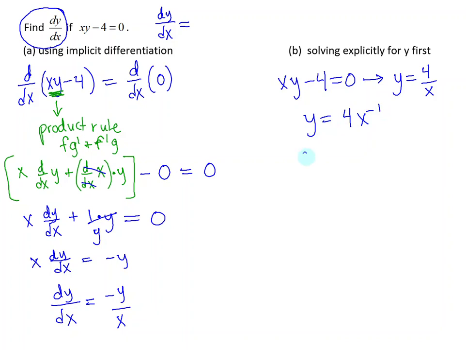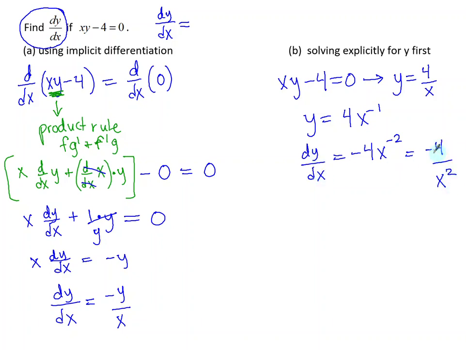Now I can simply use my power rule to find dy dx. Multiply by negative 1, I get negative 4x to the negative 2, and then I can rewrite this without negative exponents, negative 4 over x squared. And there I have dy dx.